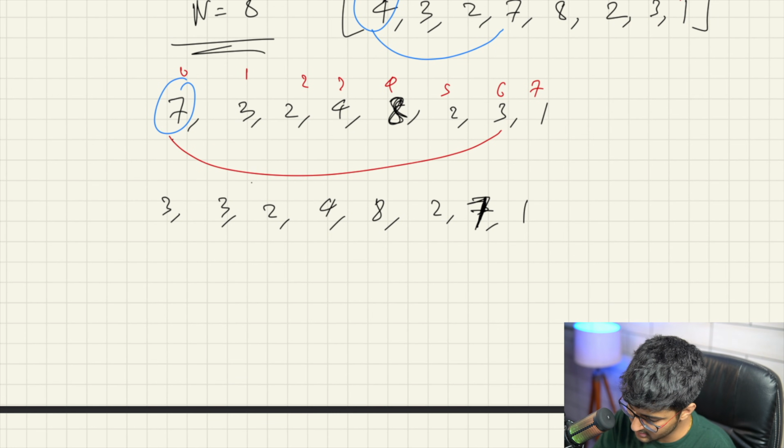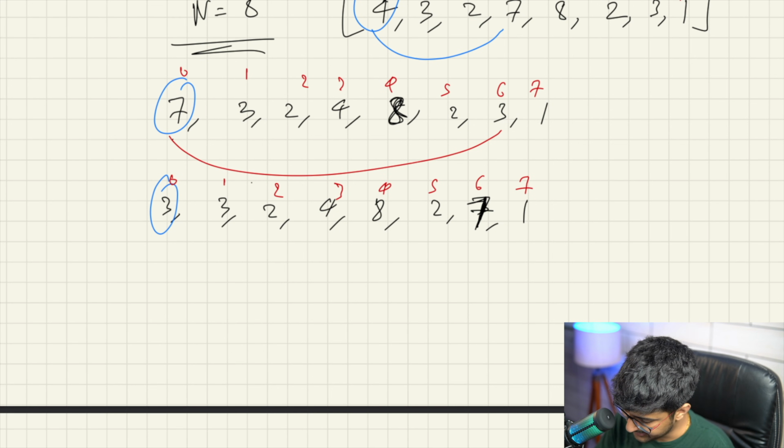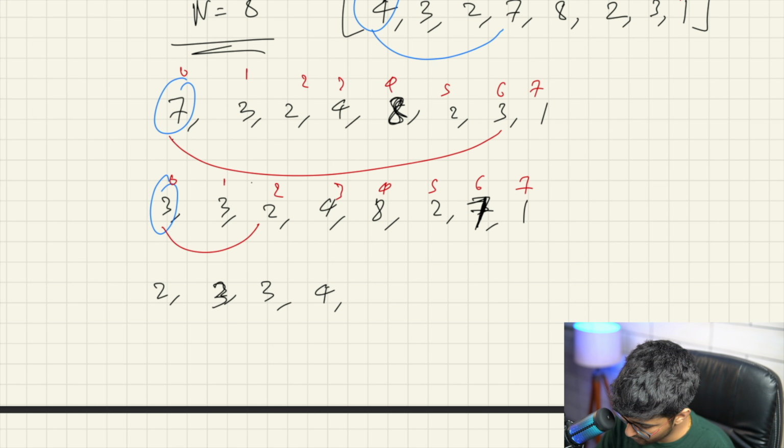Now it's going to check for 3. Is 3 at the correct index? No, it's not. Swap it with the correct index. So this will become 2 3 3 4 8 2 7 1.